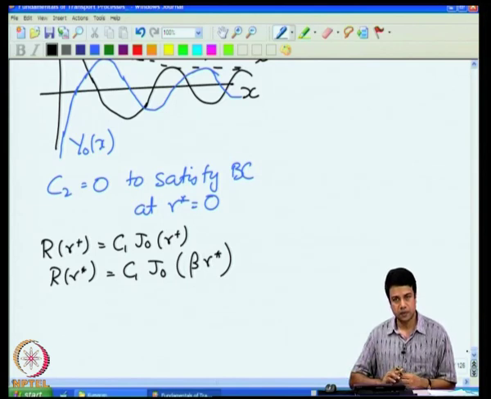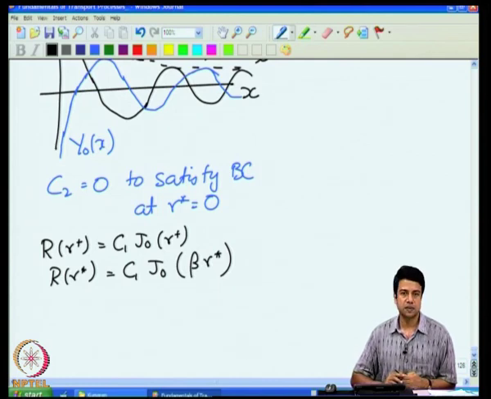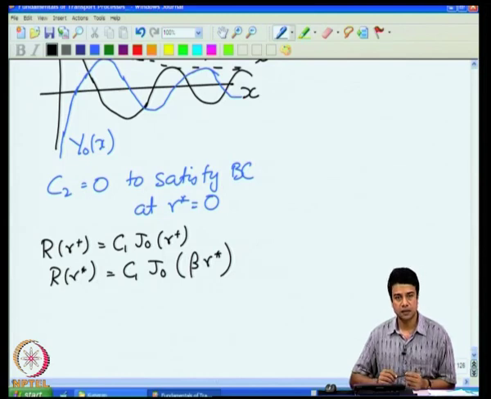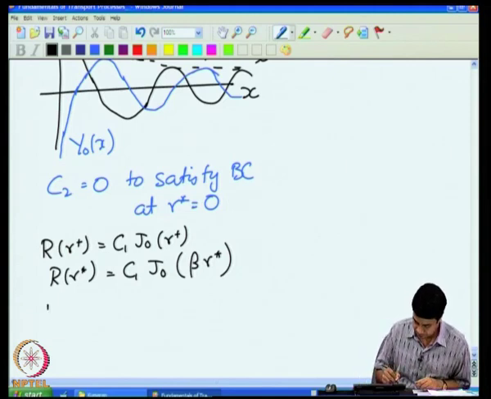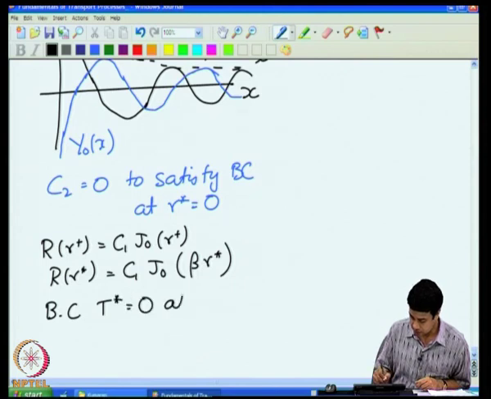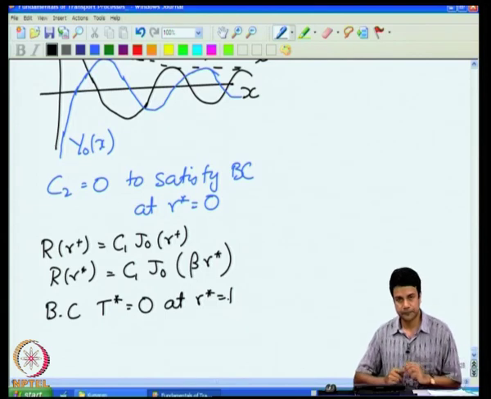If you recall, when we did the problem of separation of variables in a Cartesian coordinate system, we had a similar solution except it was a sine function with beta times R star in it. That beta in that case was determined from the condition that we had homogeneous boundary conditions at z star is equal to 1 and therefore, beta is equal to n pi. In this particular case, our boundary condition is that T star is equal to 0 at R star is equal to 1.